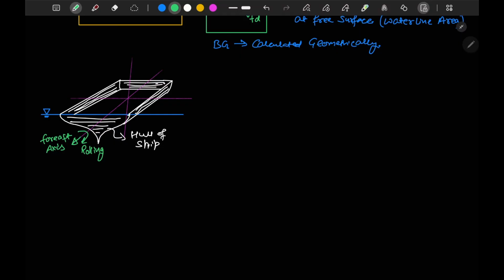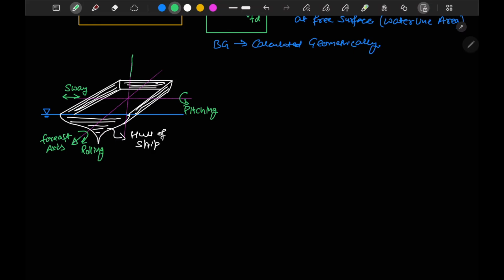Now if we talk about the movement like this, it is called sway. If it is rotating around this axis, this is pitching.